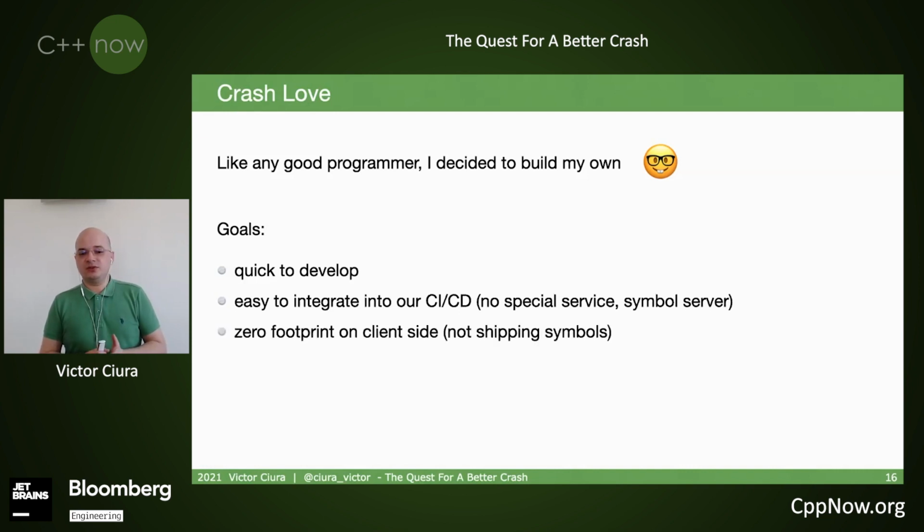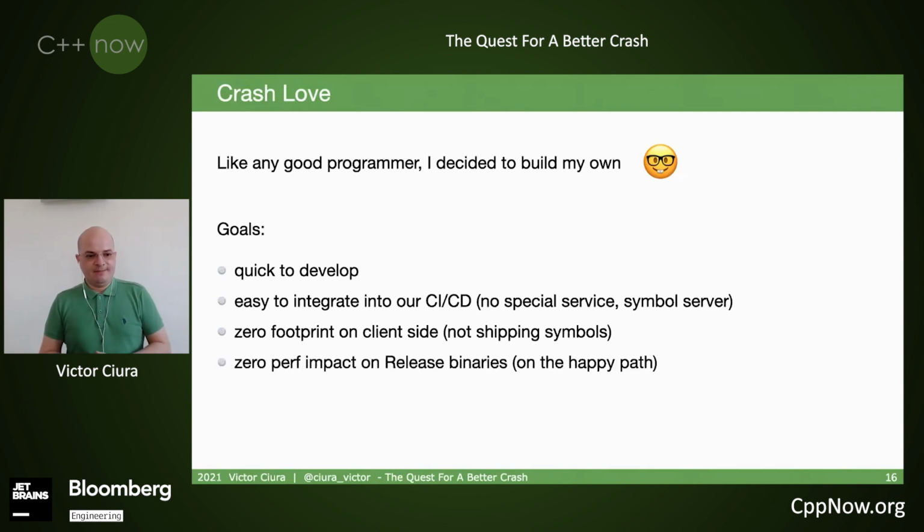Zero footprint on the client side, so no shipping symbols, because, for example, for our applications, the symbols, the PDBs, are fairly large, so it can easily reach over a gigabyte in footprint. So deploying symbols on the client side was not an option. Zero performance impact on release binaries, on the happy path at least.